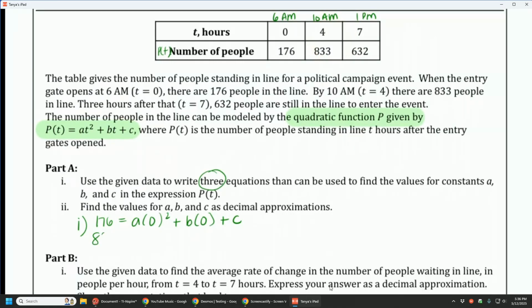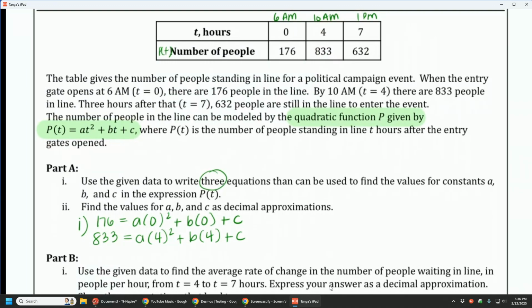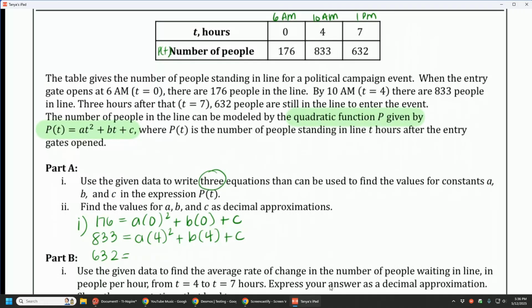So 833 equals a times 4 squared plus b times 4 plus c. And then now that last data point, 632 equals a times 7 squared plus b times 7 plus c. Okay, so those are my 3 equations.